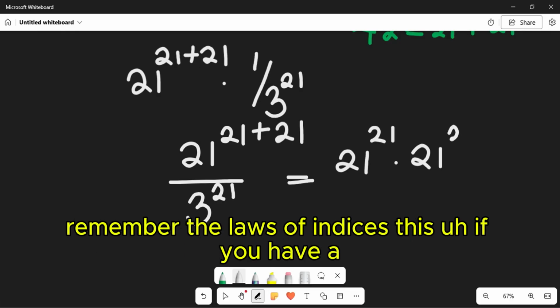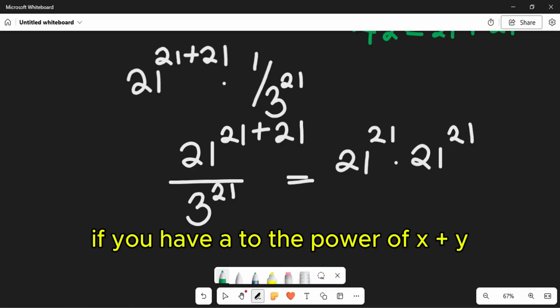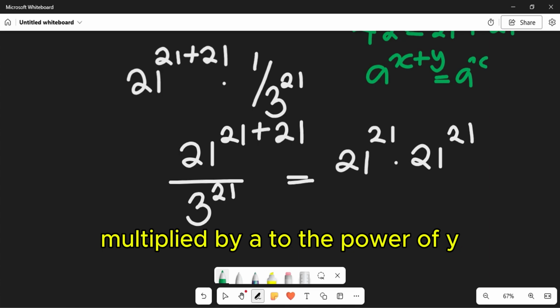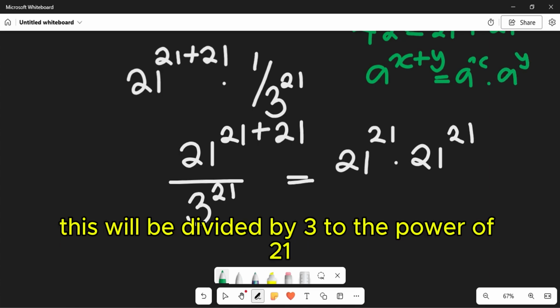Remember the law of indices: a to the power of x plus y can be equal to a to the power of x multiplied by a to the power of y. And that's exactly what we applied here. This will be divided by 3 to the power of 21.